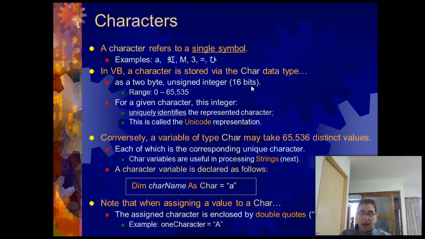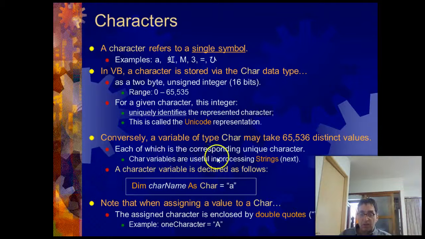Maybe that stands for A. So for a given character, this integer uniquely identifies the represented character. This is called the Unicode representation. Conversely, a character of type Char may take this many distinct values, each of which is the corresponding unique character.